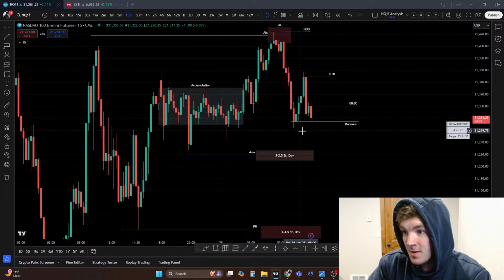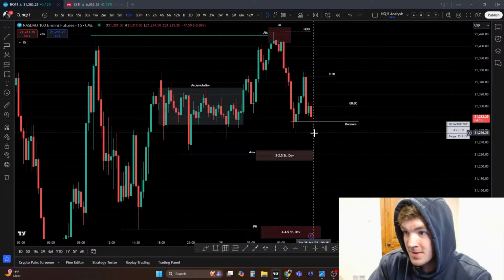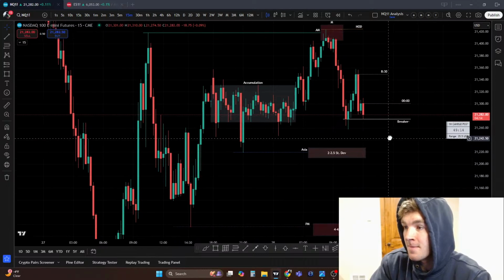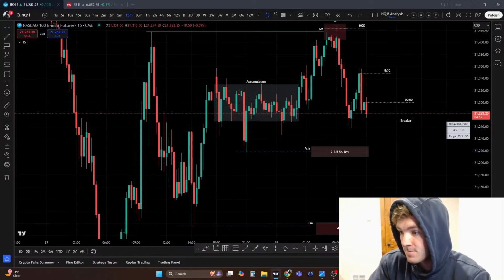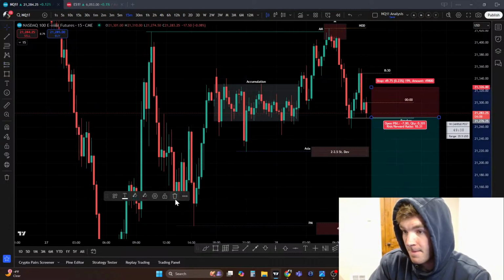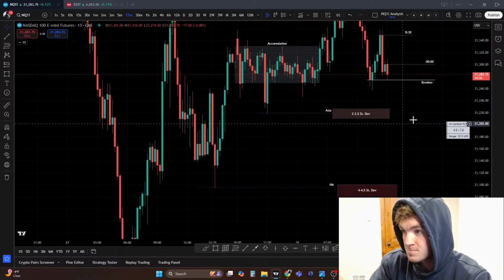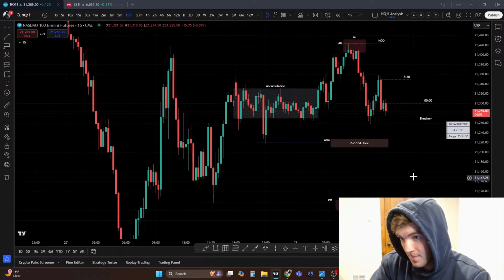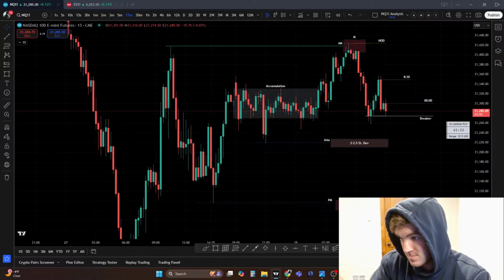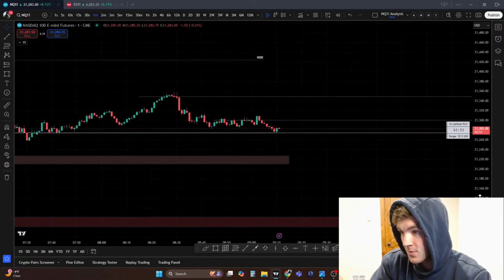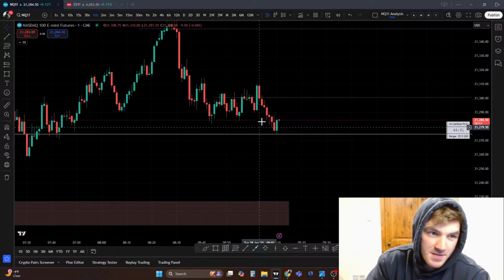On the retest, after we close below this, on the retest of the breaker, it's very possible you could just do that. Or maybe what I'll do is, once we get that 15-minute CSD, I won't enter off of that.